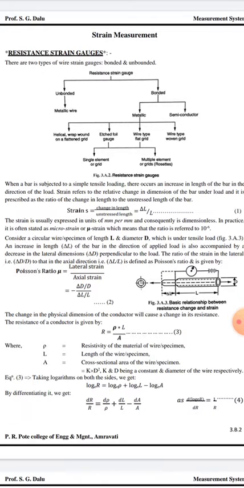That A is nothing but K into D square, where K is a constant and D is the diameter of the wire.